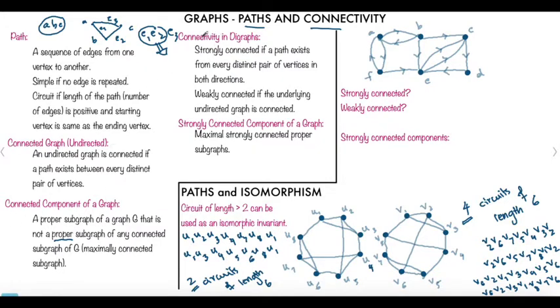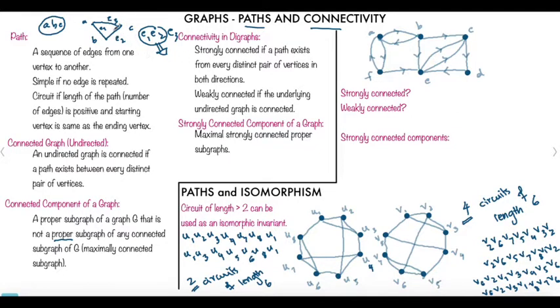Okay, similarly, we can define connectivity in digraphs. Since we have directions there, we have to define connectivity differently. So we say if there's a path existing between any two given different vertices, then it is strongly connected.